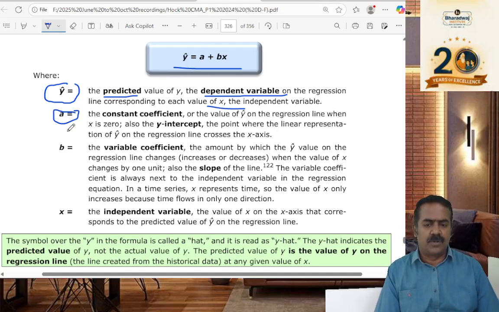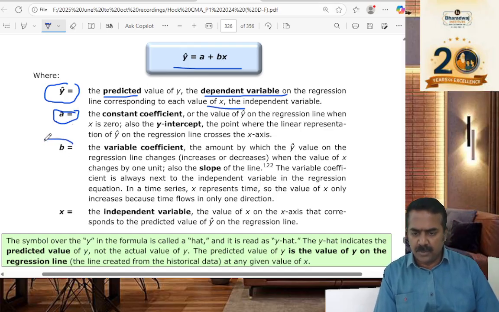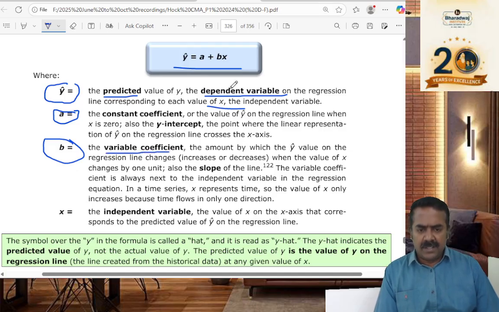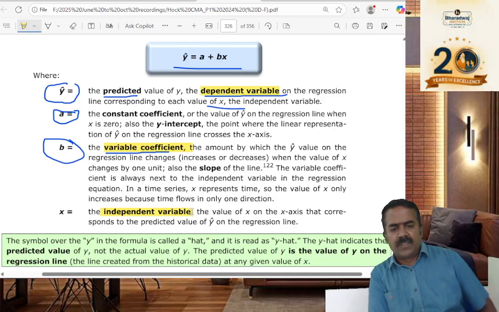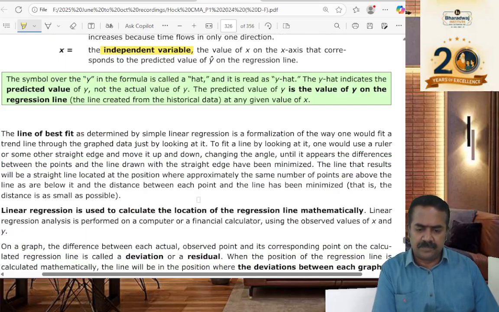It can be 0 also. What is b? The variable coefficient. Simple. The change in the independent variable will make a change in y, through the coefficient. Where x is nothing but the independent variable. Simple.